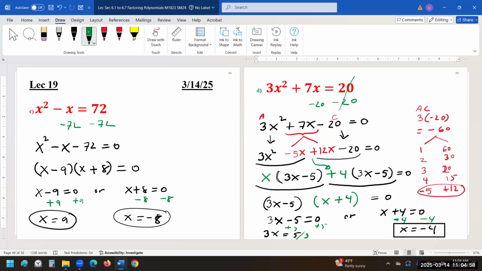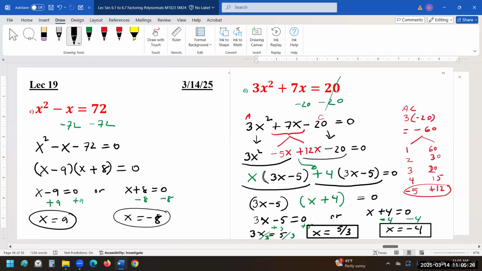So you divide both sides by 3. And then we have our x equals 5 over 3. So 2 answers. Any question? Okay, then.